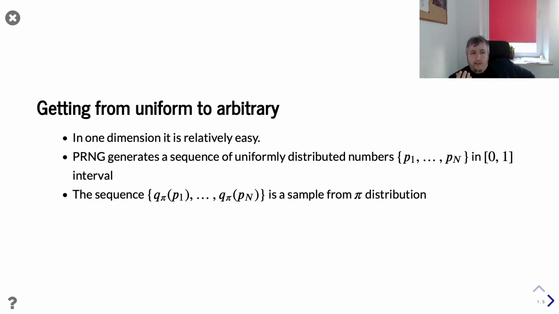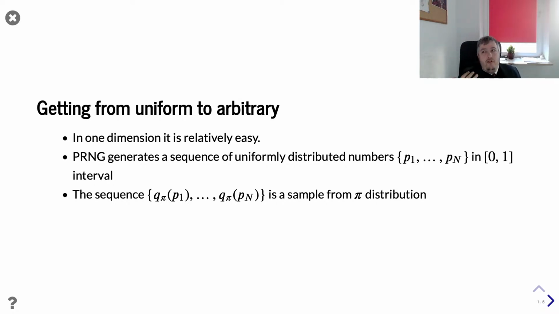And this is a very useful situation because for a one-dimensional distribution, we can easily generate samples from any arbitrary probability distribution by combining the quantile function and the pseudo-random number generator. We will generate a sequence of uniformly distributed numbers, as we mentioned before.